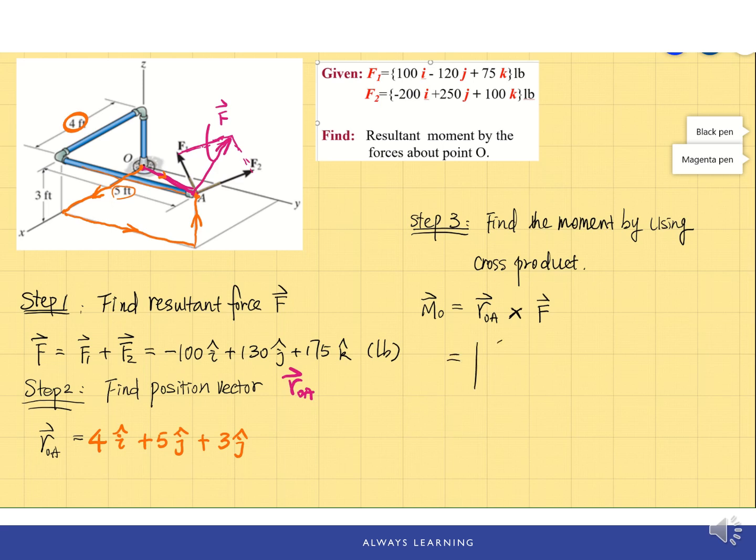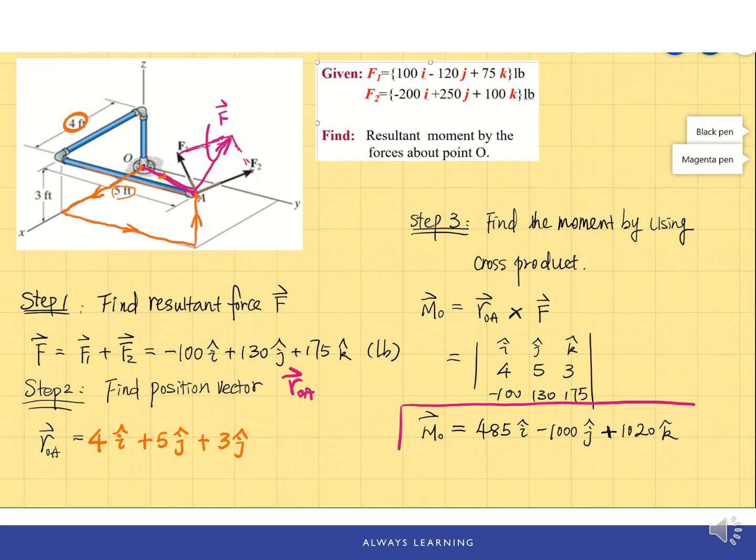You have already learned how to perform cross product from your Engineering 106, so here I will just leave you to review the cross product if you forgot how to do it. And after I did the cross product, this is the moment about point O caused by the two forces F1 and F2. And using cross product, the moment is written in vector form directly, and the unit is foot times pound force, or pound force foot.